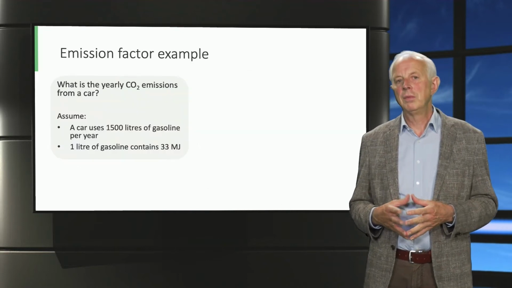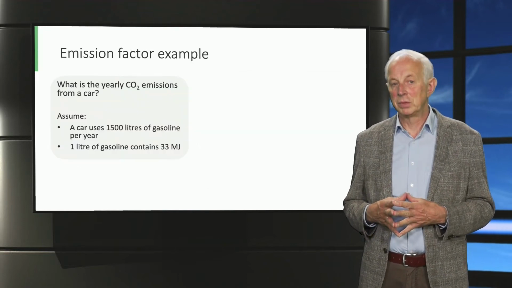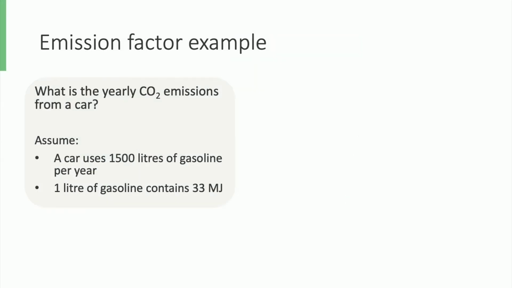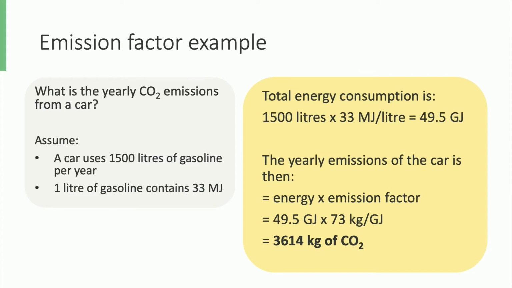Let me now give an example of how these emission factors can be used. Assume you drive a car and it uses 1,500 liters of gasoline per year. We have seen in an earlier video that 1 liter of gasoline is equivalent to 33 megajoules. So in a year your car will use 49.5 gigajoules.